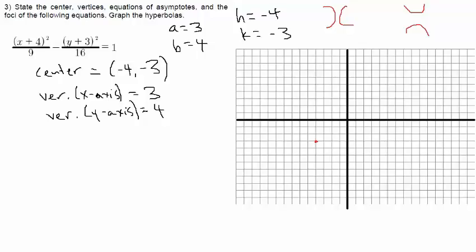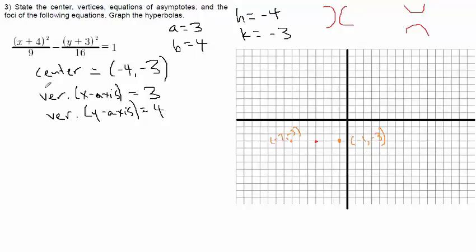I'm going to use the orange for the vertices, and that would be 3 over in this direction, 1, 2, 3, and 3 over in the other direction. So this one is negative 7, negative 3. And this one over here is negative 1, negative 3.